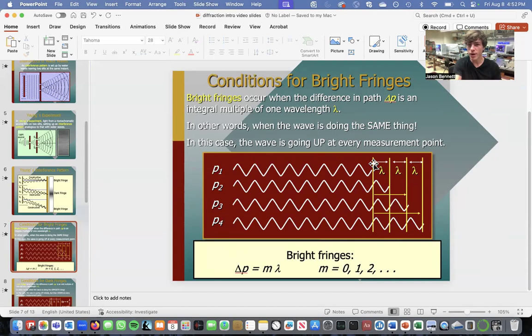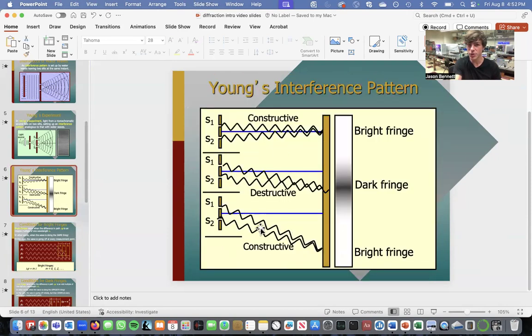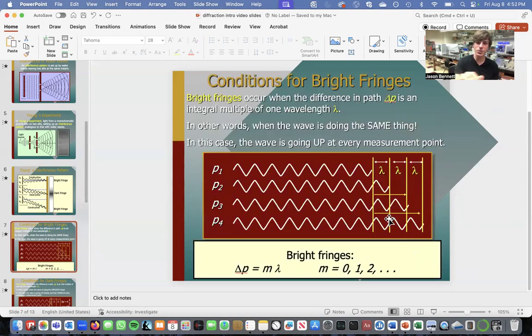In order for the other waves to constructively interfere with that, they need to be a wavelength longer. So notice what's happening here. Those two paths, they're not the same length because that one, if I were to draw a line, is a longer distance than that, right? If I think about that as a triangle, the sides of those triangles are going to be different. So that's the first thing we need to start doing: comparing the length of those sides.